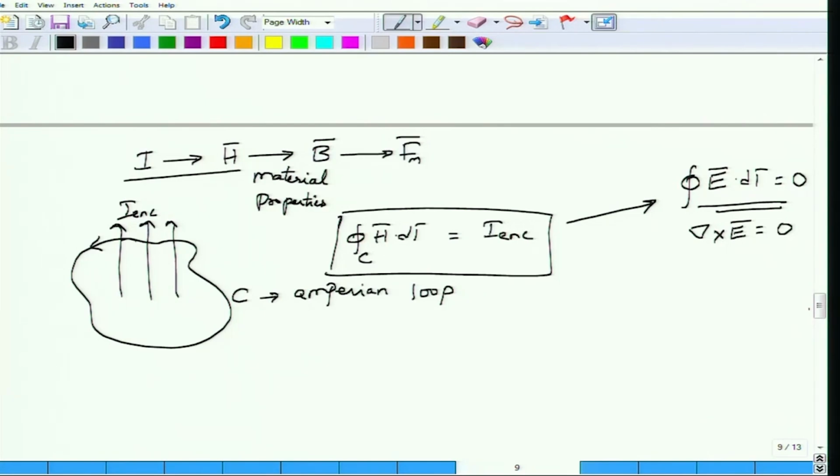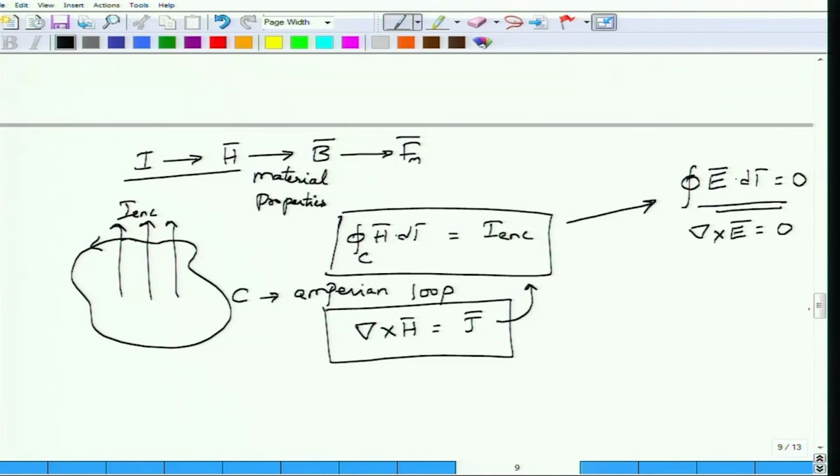Now, here you can immediately see that the point form of this integral relationship will be curl H is equal to the total current enclosed, and because current enclosed cannot be a scalar, this would be current enclosed per surface area, because that is the definition of a curl, if you remember. So, this becomes the vector J or the current density J. This is the corresponding point form relation for Ampere's law.